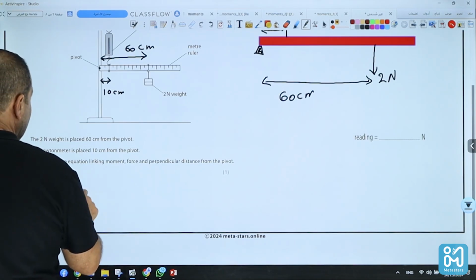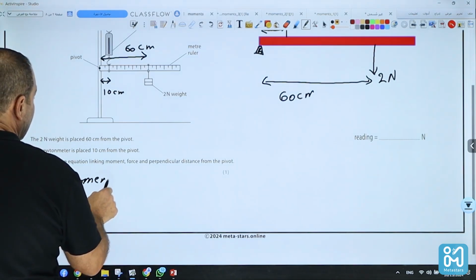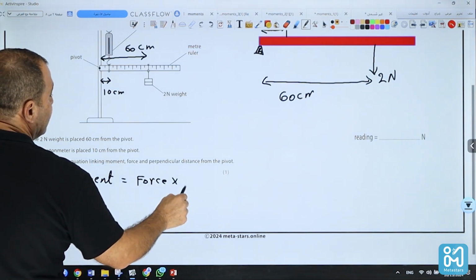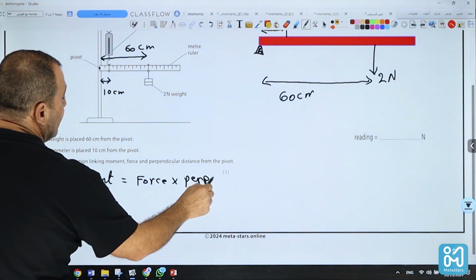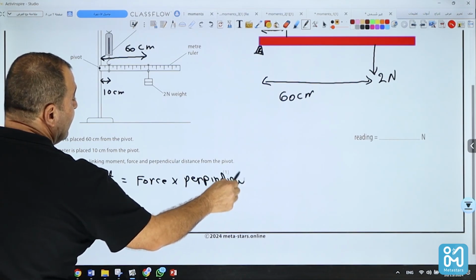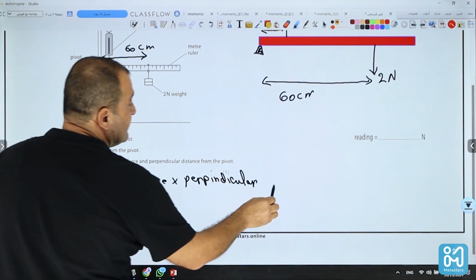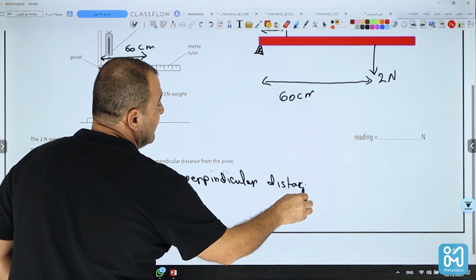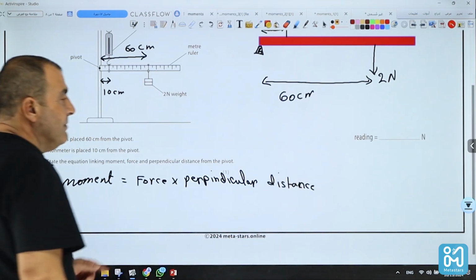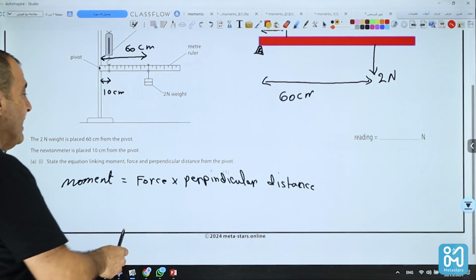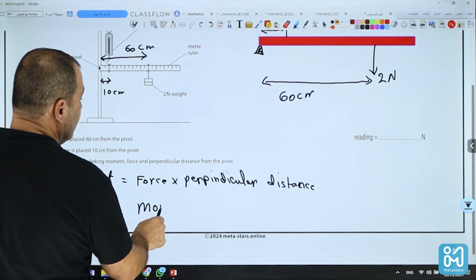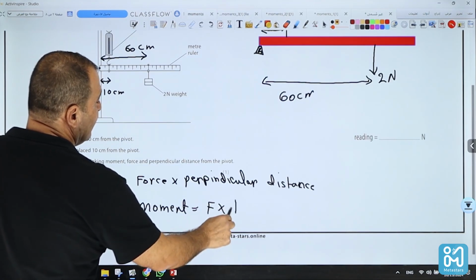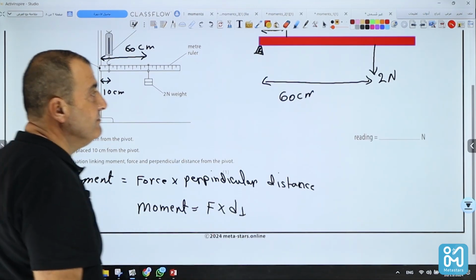So moment equals force multiplied by perpendicular distance. This is one mark, or you may write moment equals force multiplied by distance, which is perpendicular.